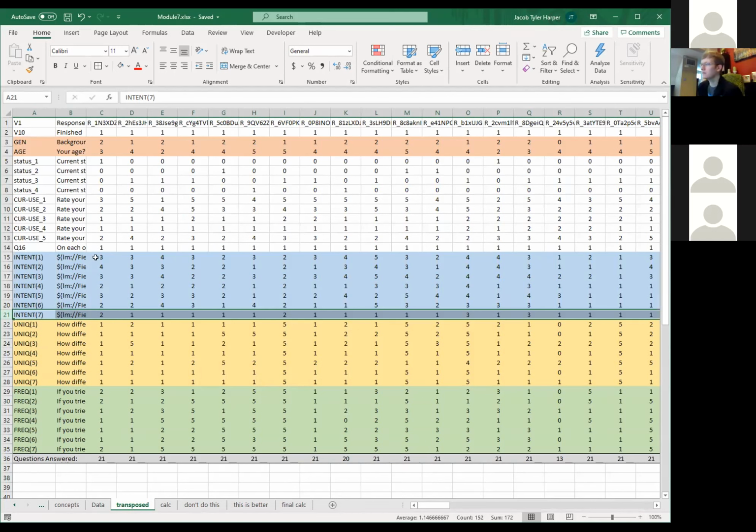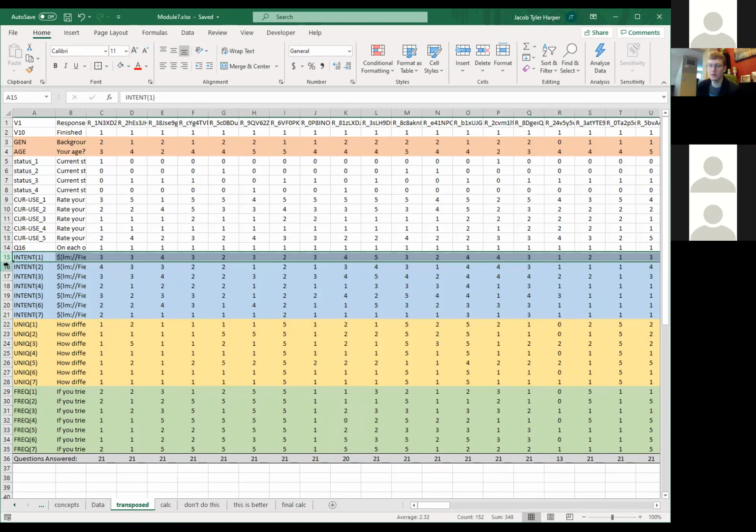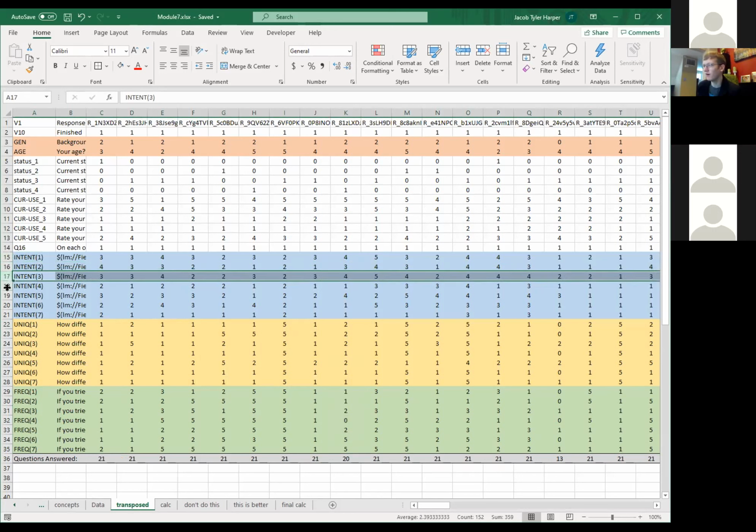Now, how do I test if they answered all these 21 questions correctly? That's a little trickier. We can see over here, for instance, this person, the 0, they skipped one of the questions. How can I test this to guarantee that there's not any zeros? Well, you could add 21 separate criteria. Test there's no zeros here, test there's no zeros here, all the way down.